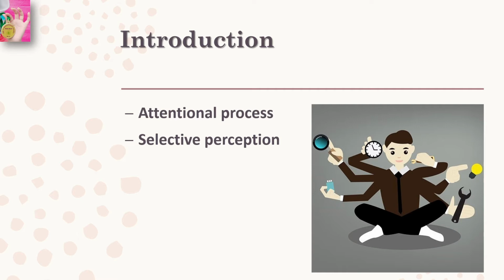It is a sort of selective perception. This lecture is devoted to this important mechanism that enables us to selectively perceive the objects, processes, or events from a wide range of stimuli and process the selected stimuli for the sake of adjustment with the environment.